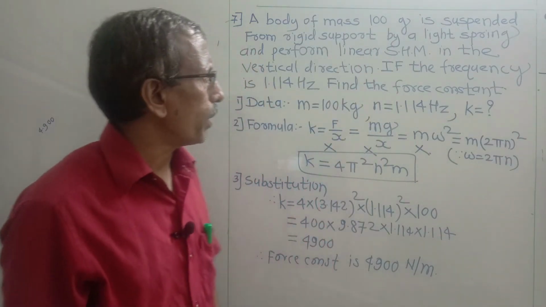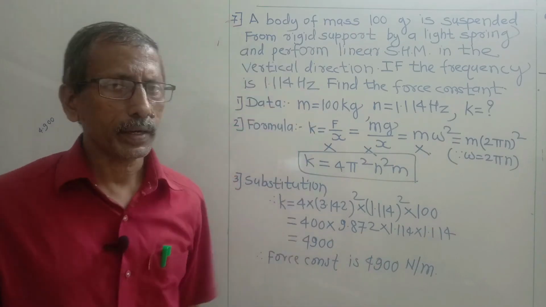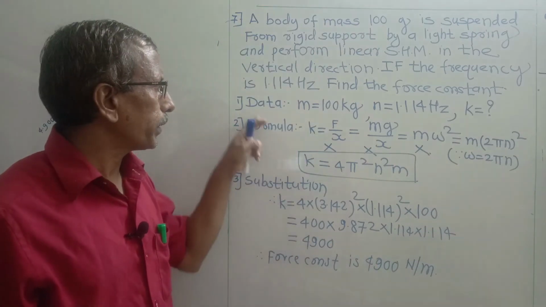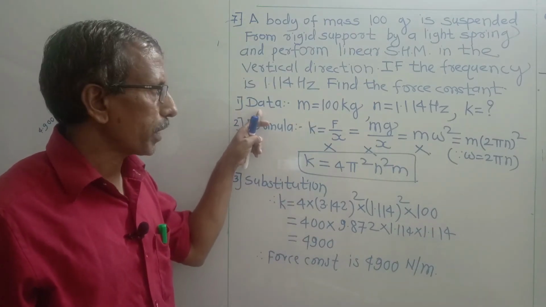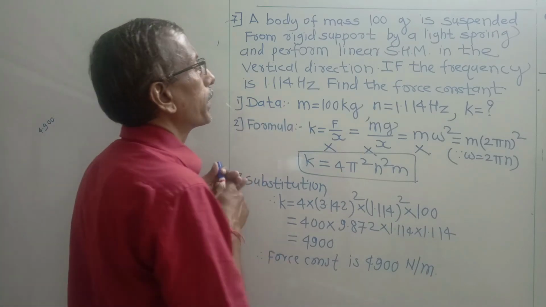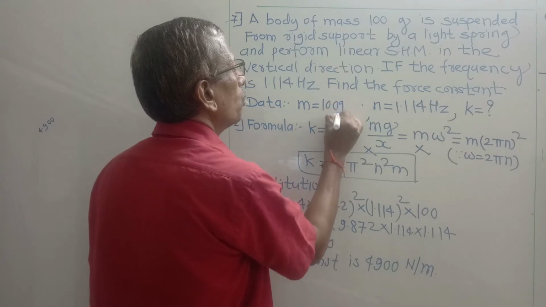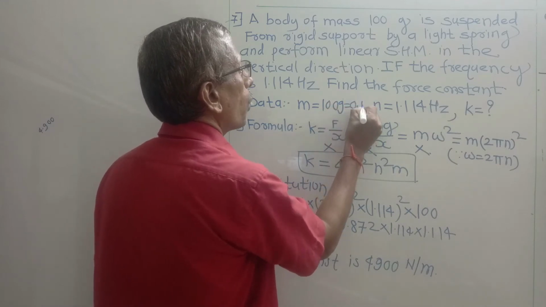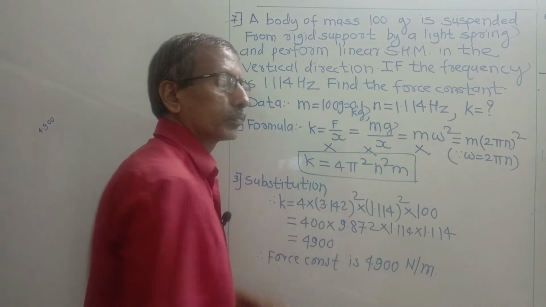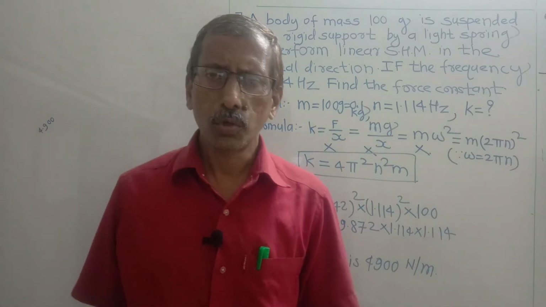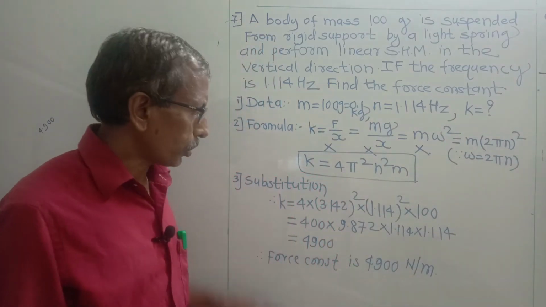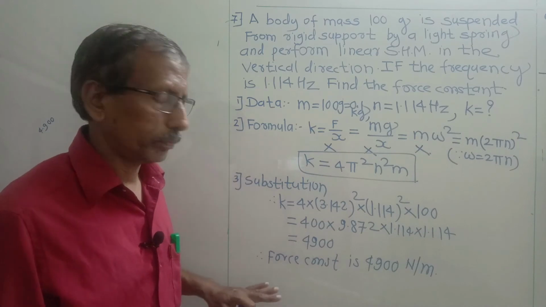So when the value of mass is 100, what will we get? Data is m is equal to 100 gram, and this is equal to 0.1 kilogram. So there is a change in substitution.